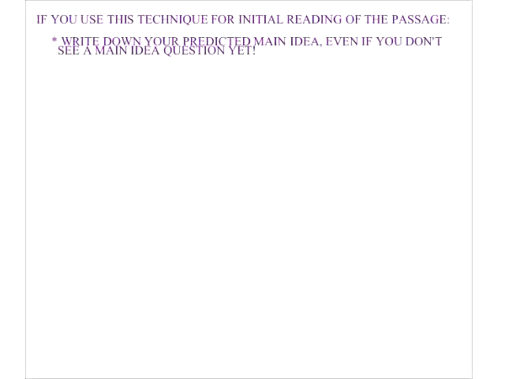So the deal is that if you encounter a main idea question later on, you can just look at what you wrote. If you use this technique for initial reading, you should be able to read the whole thing in 1 to 2 minutes, because it's not real reading anymore.